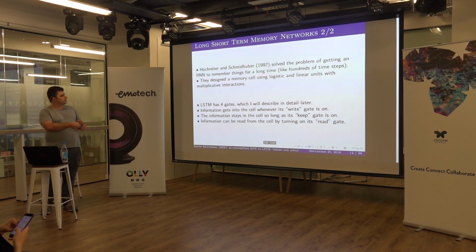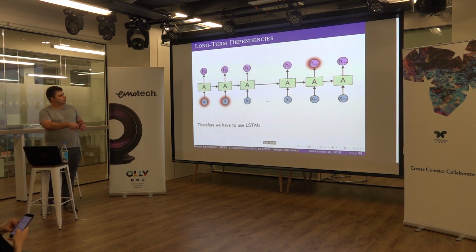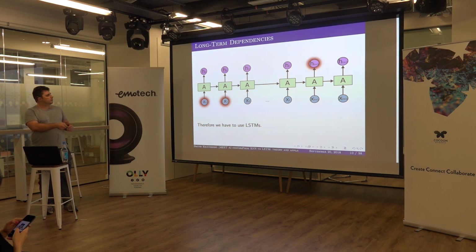Here xt is an input word for the hidden state ht, and this sequence is a sequence of words in the sentence.